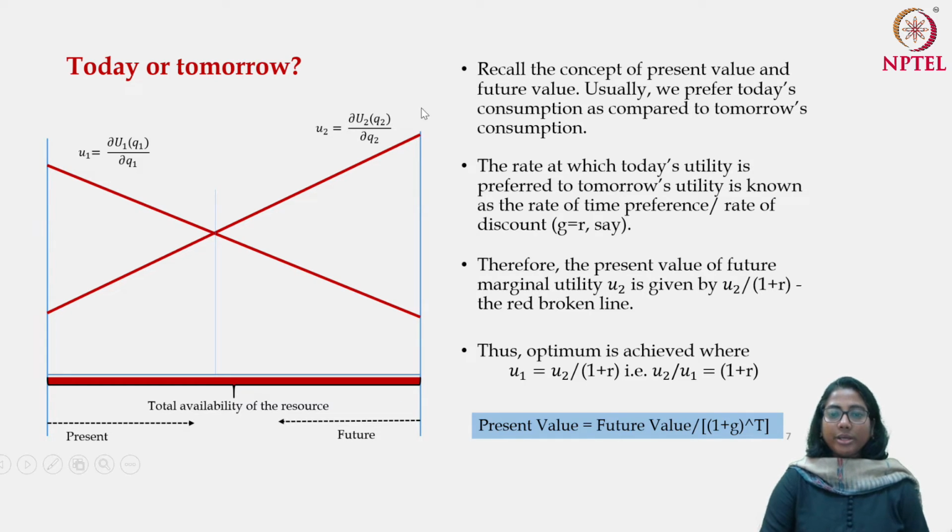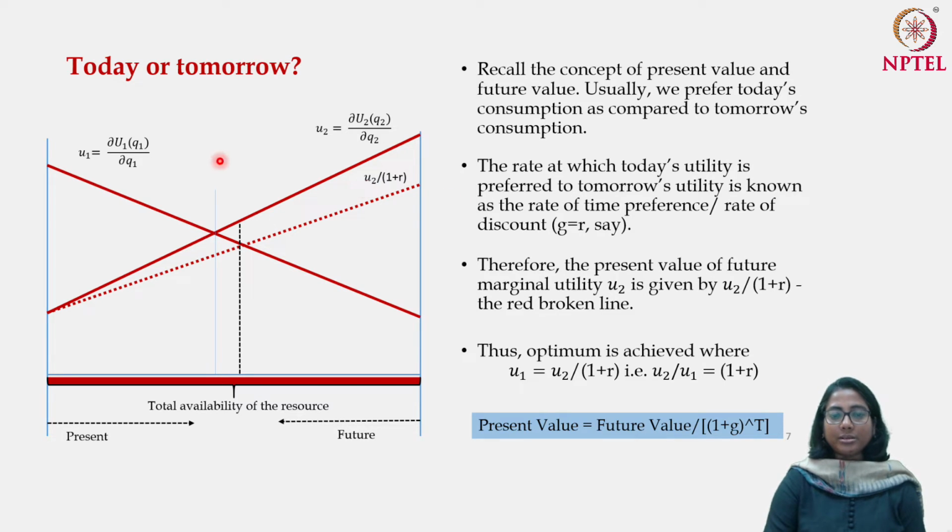Instead of going by this line U2, we will construct a new line which will denote U2 by 1 plus R. You see what is happening: this U2 is rotating as it is divided by a factor 1 plus R. So instead of going by this point, we are now looking for the intersection between U1 and U2 by 1 plus R. The new equilibrium that will give the optimum result is at this point.